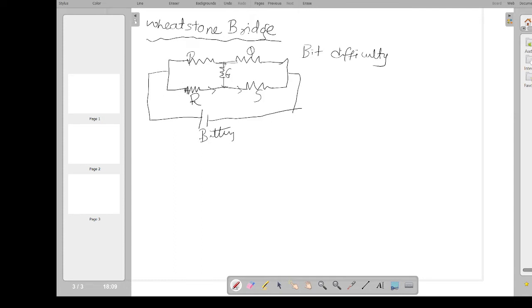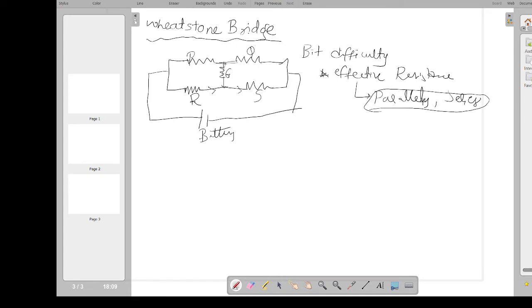See, this P and R, one end of the P and one end of the R is connected, but on the other end the P is connected to G and R is connected to G. The same thing is happening in Q and S. So we cannot find an effective resistance here because the resistors are not connected in parallel, or in series.